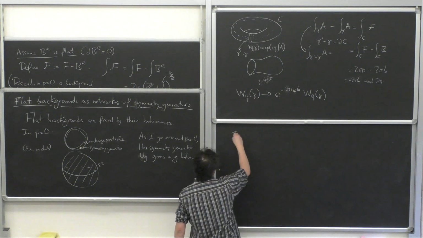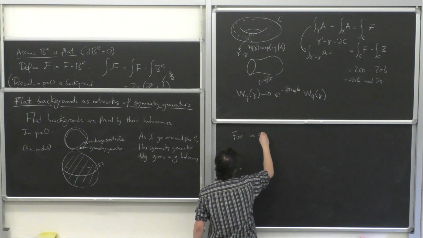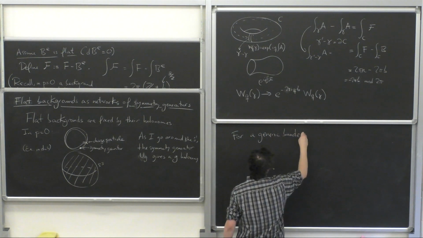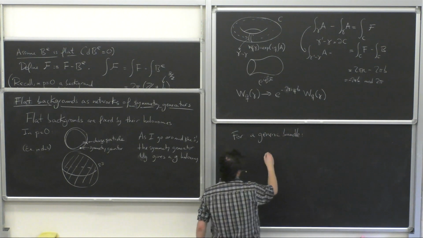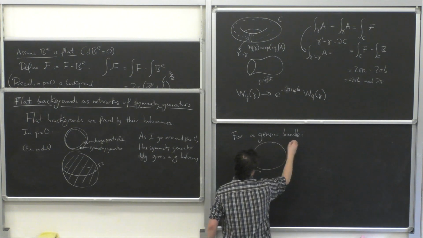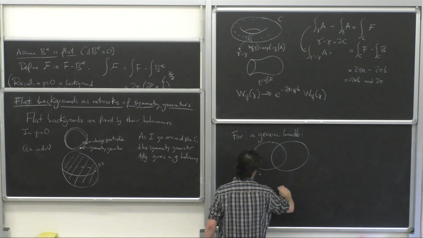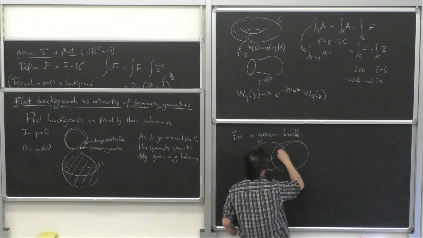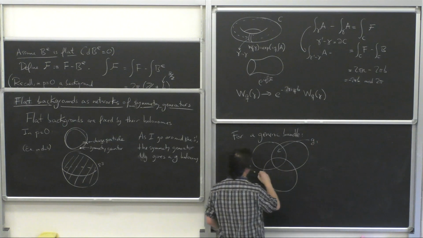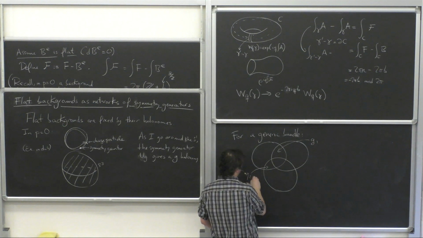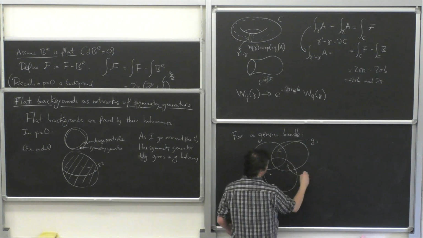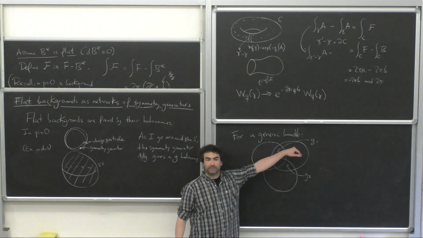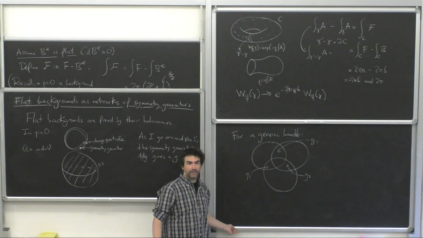So for a generic bundle, you have something like this. You have open sets that intersect. And in these places, you have some group elements, G1, G2, and G3, that tell you how to change from one patch to another. Yeah?